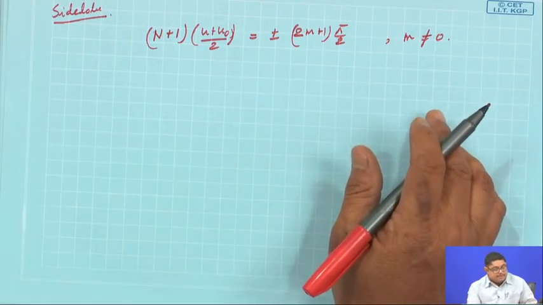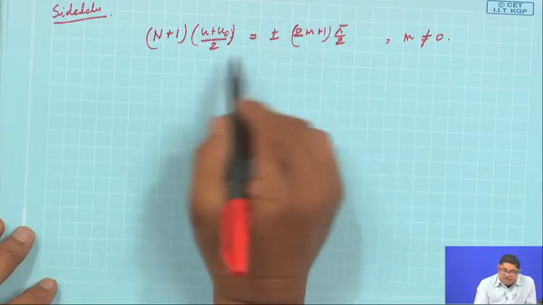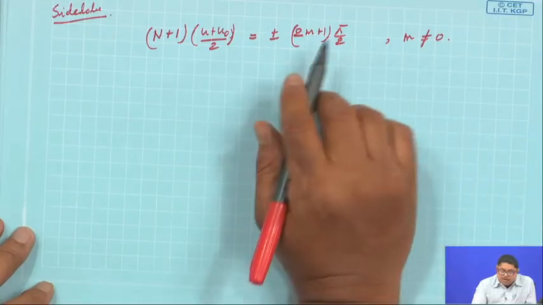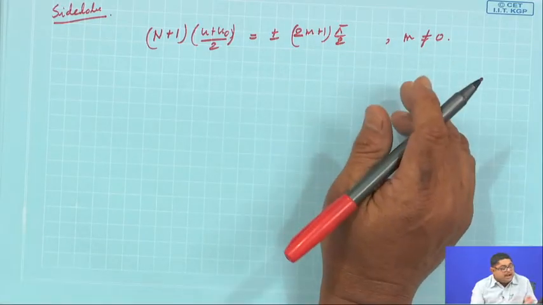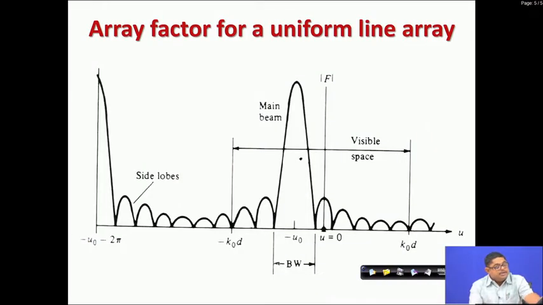From this you can see that the amplitude of the side lobe maxima will vary, as can also be seen in the graph.